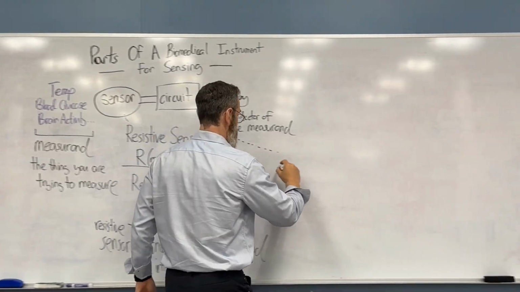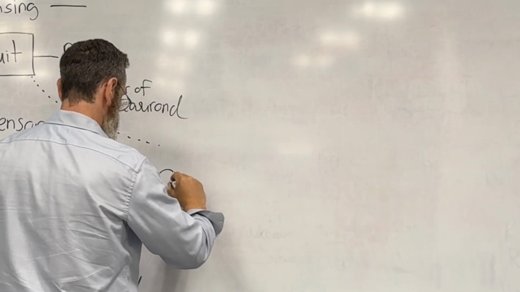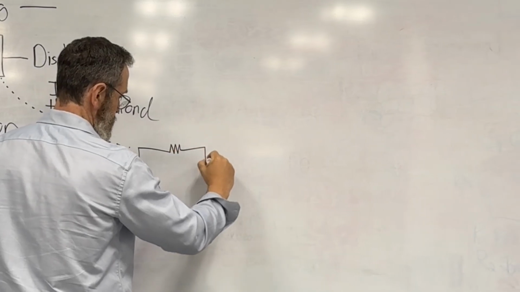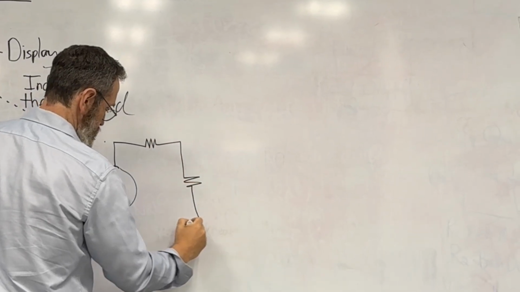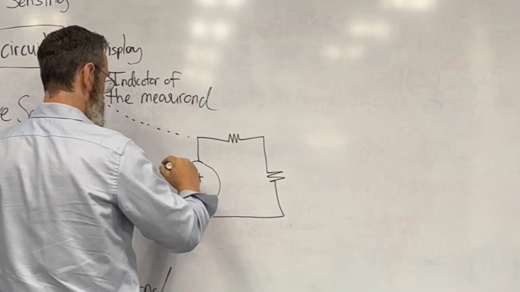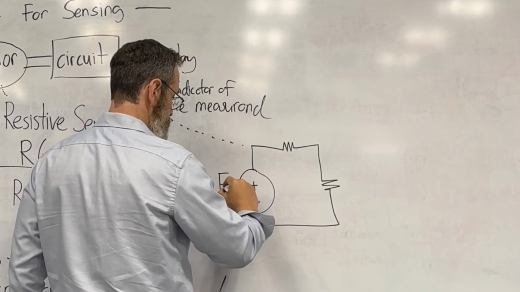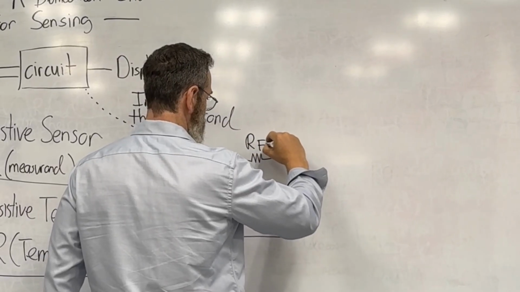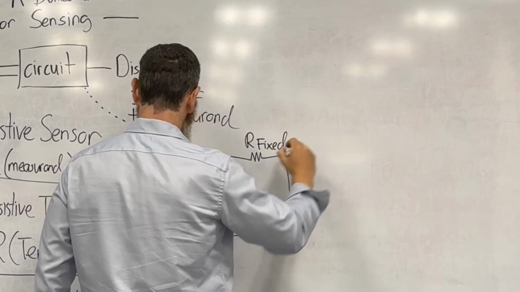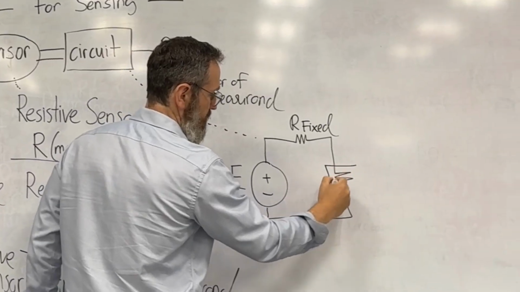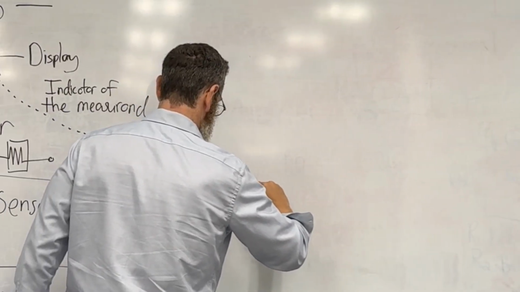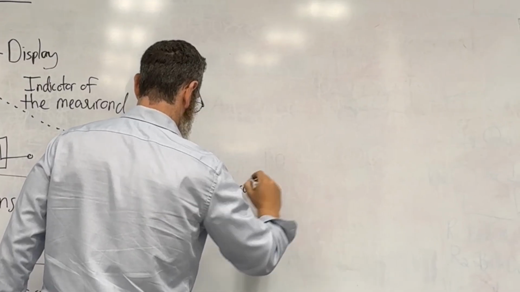The most basic, essential circuit that we talked about had a voltage source, a resistance that is fixed, and a resistance that is the sensor.